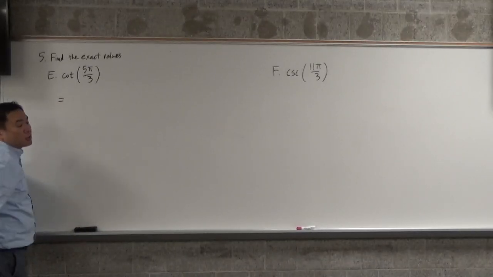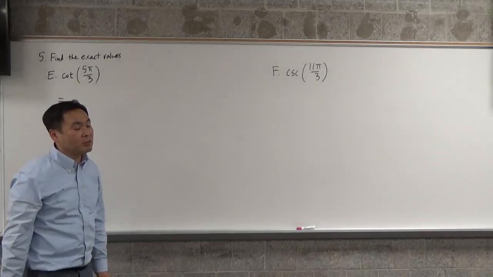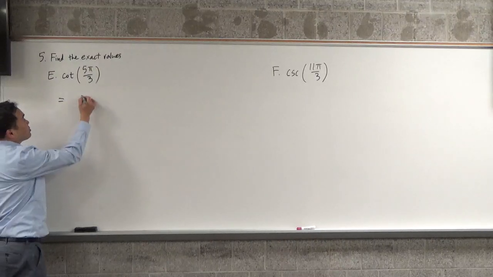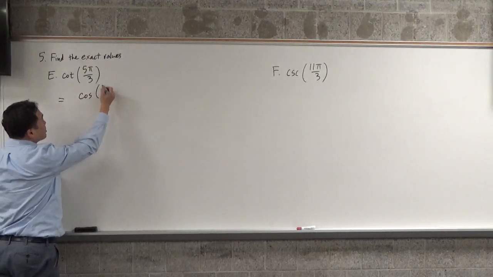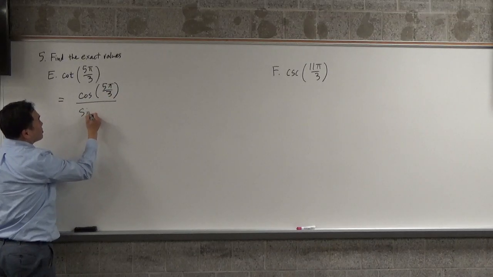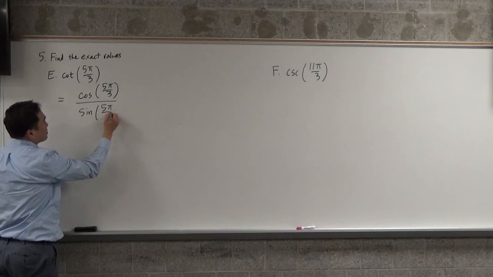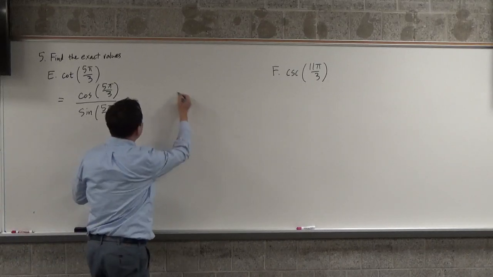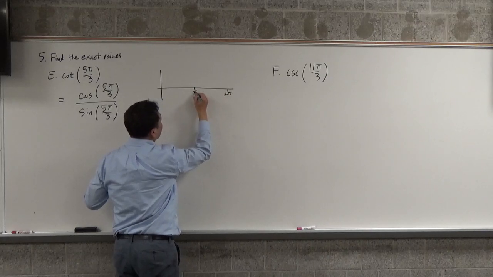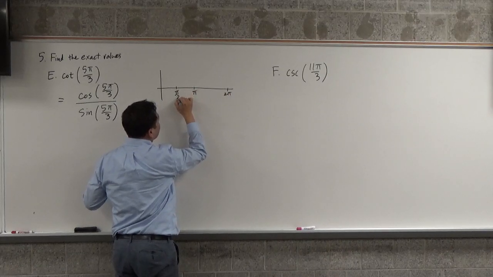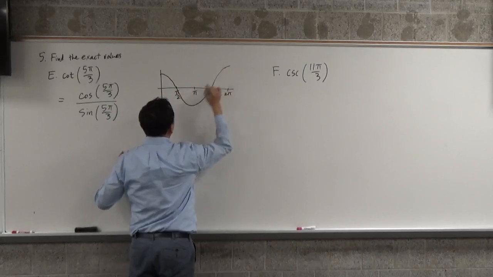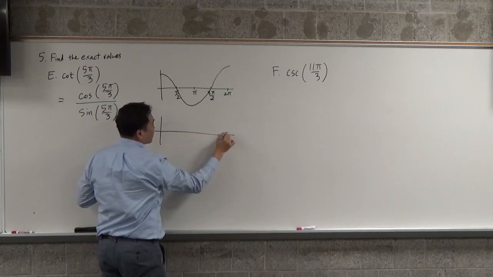Okay, cotangent 5 pi over 3. We know that cotangent is the reciprocal of tangent. Since tangent is sine over cosine, cotangent will be cosine over sine. So we have to do cosine of 5 pi over 3 divided by sine of 5 pi over 3. Let's draw the graph of the cosine and the graph of the sine.